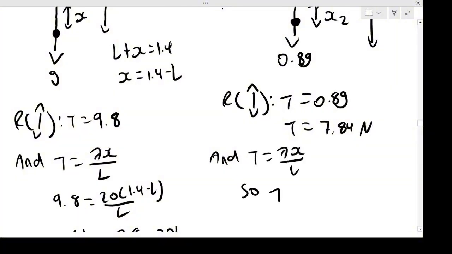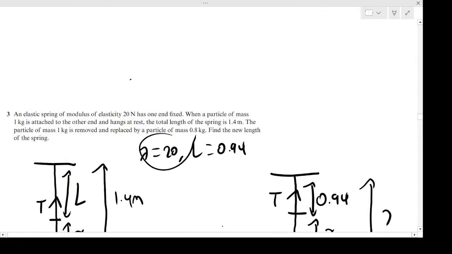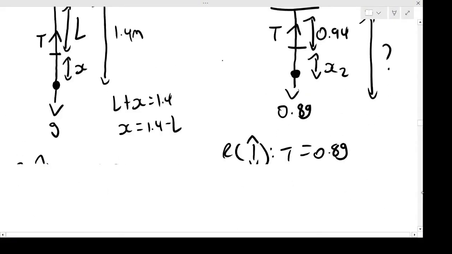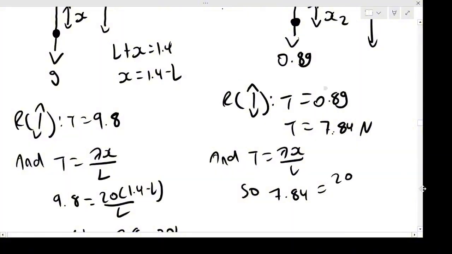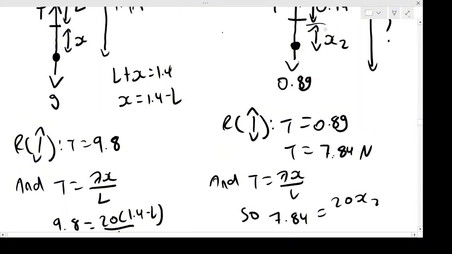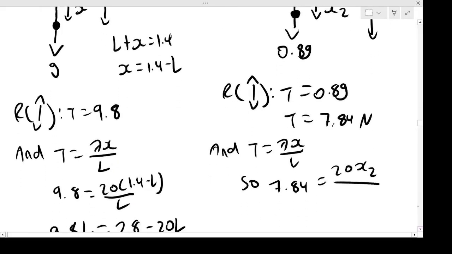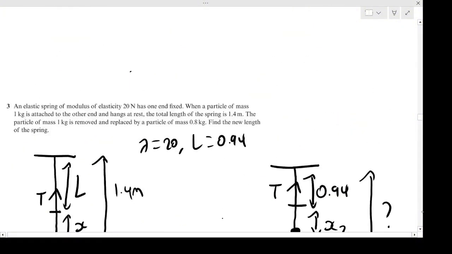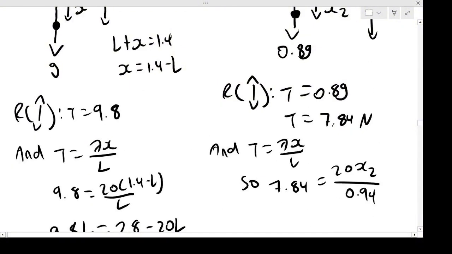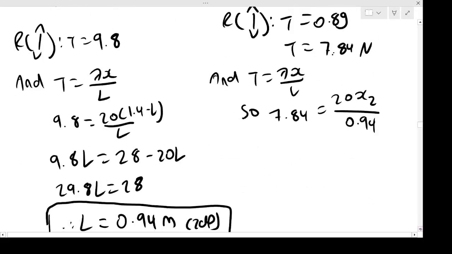So T is 7.84. My modulus of elasticity lambda is 20. So 20 lots of x, now that's going to be x2, my new extension, as I've said, over the natural length, which is 0.94. So now I can actually solve this equation for x2.